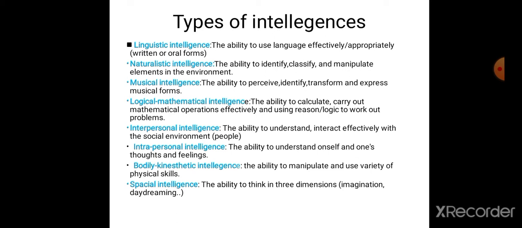The third one, the musical intelligence. Musical intelligent learners are able to perceive, identify, transform, and express musical forms. Another intelligence is logical mathematical intelligence.